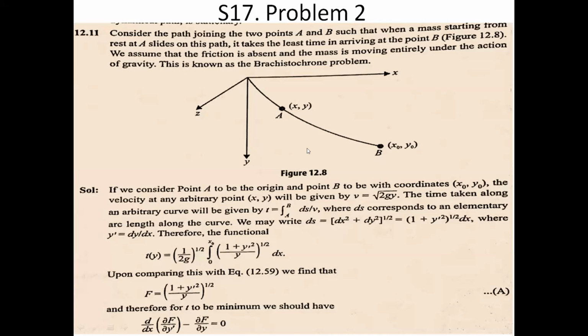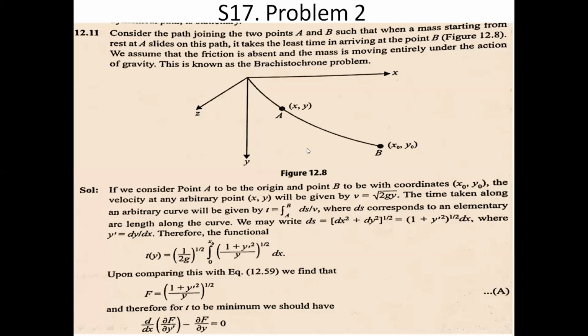So therefore our time, because I am to get the trajectory of the particle for which the time of travel is minimum, is the integral from 0 to x0 of ds by v. So I have put in ds, and I have put in the square root of 2gy for v, and dx.